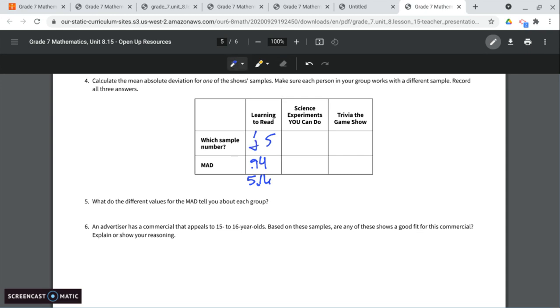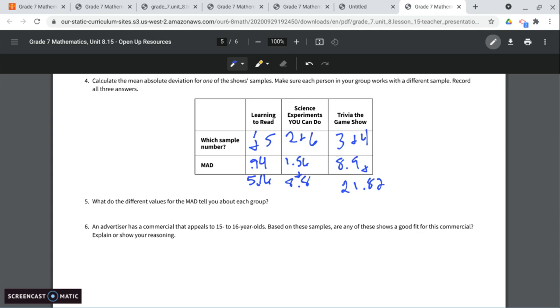For science experiments you can do, that was samples 2 and 6. If we calculated the mean absolute deviation, we'd find that it's 1.56 and 8.8. And the last one, 3 and 4, were 8.9 and 21.82. So we had some differences. The mean absolute deviations were very different between them. The first set of all of our game show data, the values were much closer together.